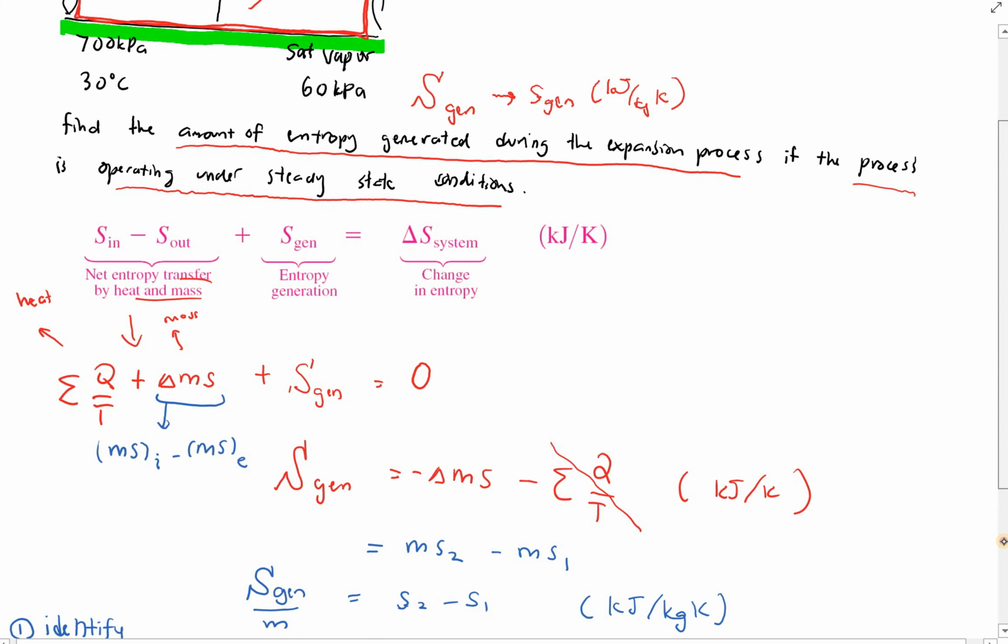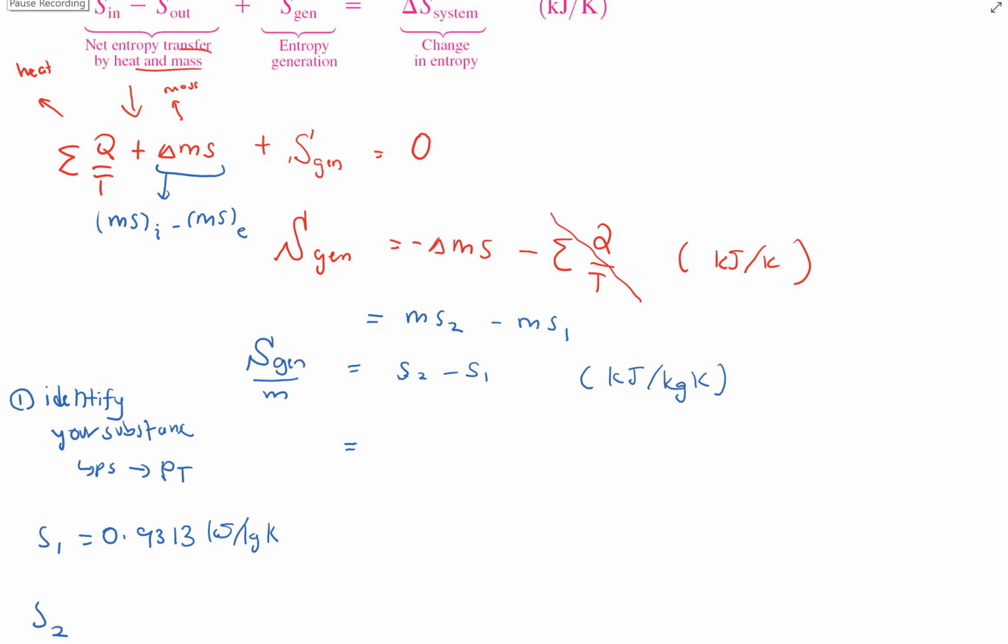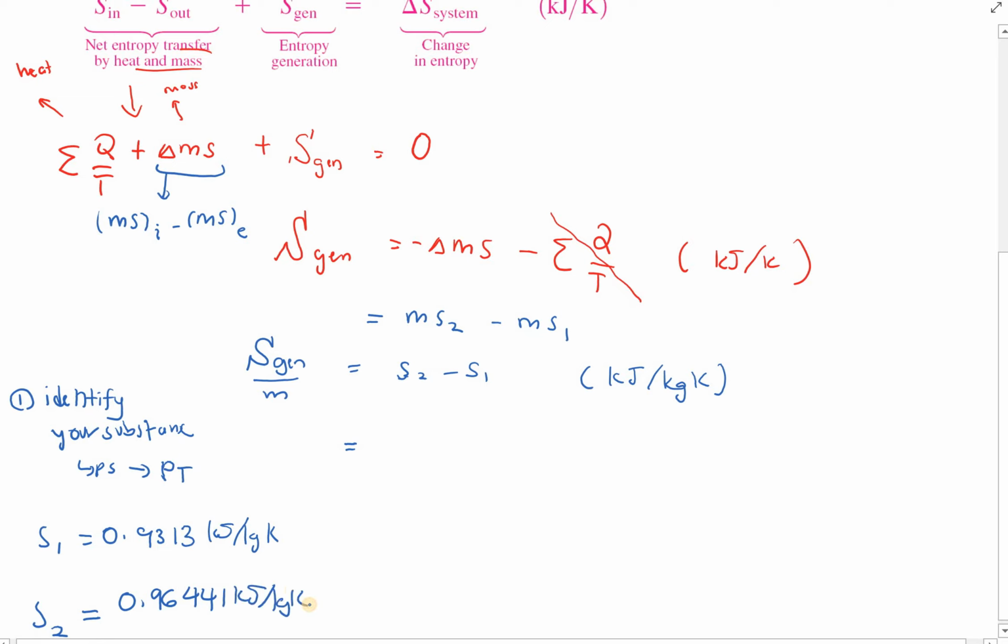So coming back to our equation, your s2 here is equal to 0.96441 kilojoule per kilogram Kelvin.